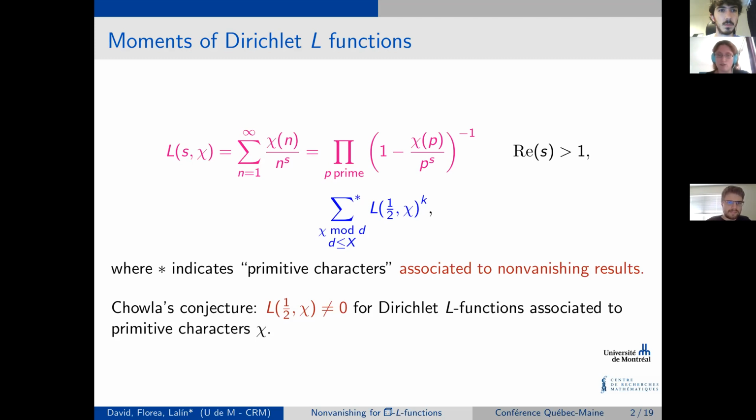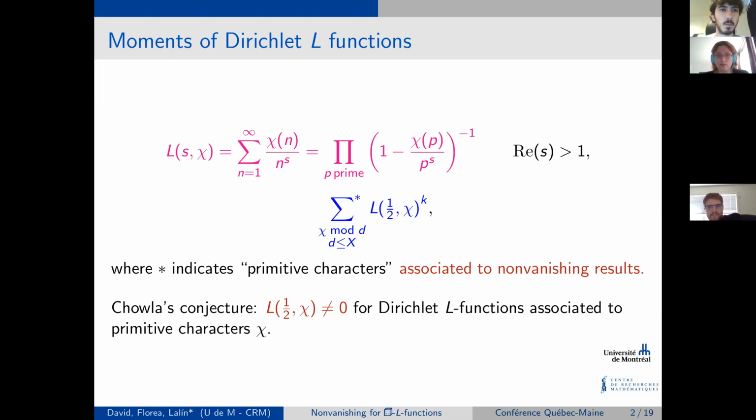So we are going to modify this a bit, and we're going to do the sum over the primitive characters. The star indicates that we are summing over primitive characters. And what we are looking at is the L-function evaluated at the central value, 1/2, to the power of K.